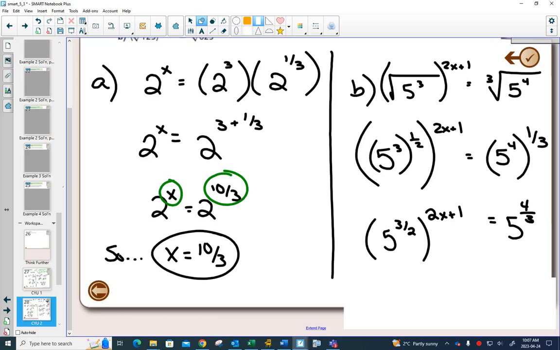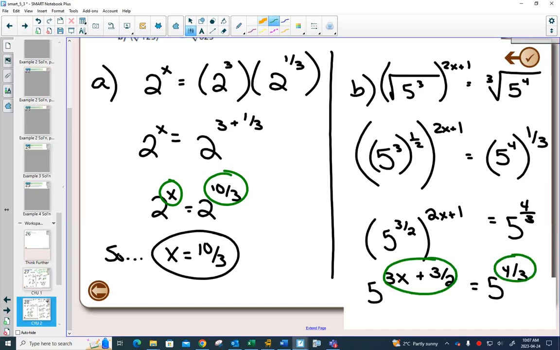And then multiply that. 3/2 times 2x would be 3x plus. So a lot of exponent rules from previous years just to get to this point where I can now look and say this exponent has to equal this exponent.